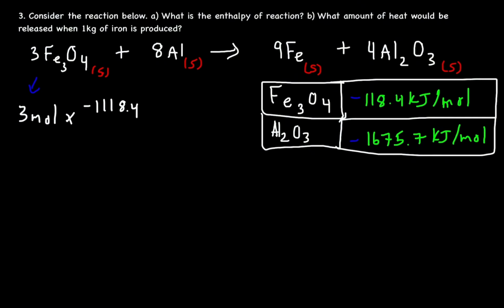Guys, by the way, I made a mistake here. It's meant to be 1118.4 kilojoule per mole. The standard enthalpy of formation of aluminum is 0 kilojoule because aluminum is an element in its standard state. Aluminum is solid.